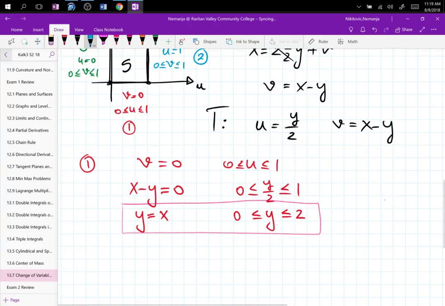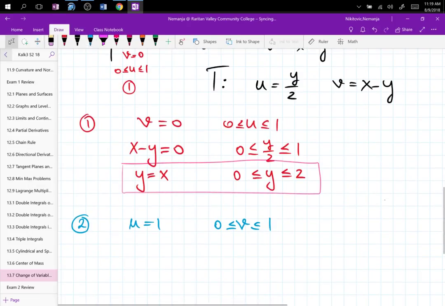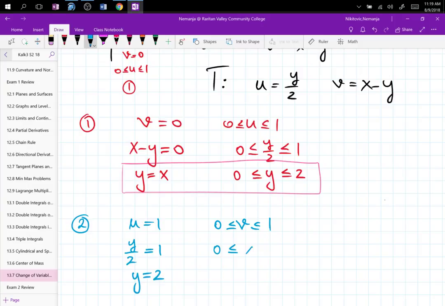That's red. Let's go blue. Number 2, u equals 1, v trapped between 0 and 1. Okay, u is y over 2, so y over 2 is equal to 1, y equals 2. v is given as x minus y, so 0 less than x minus y less or equal than 1.